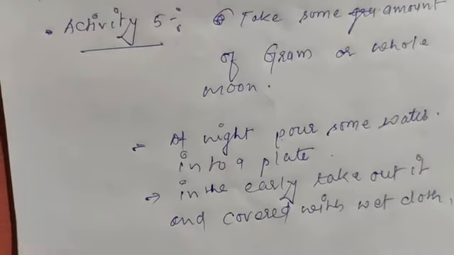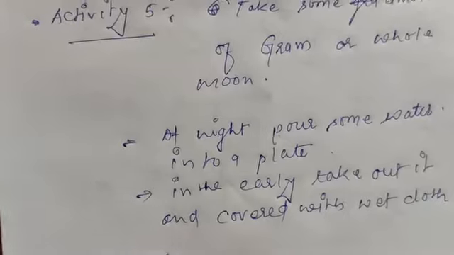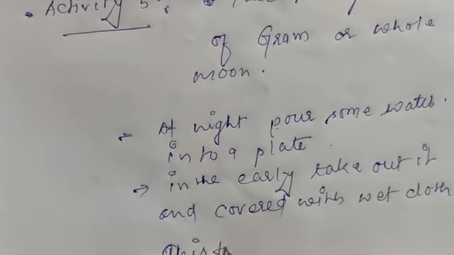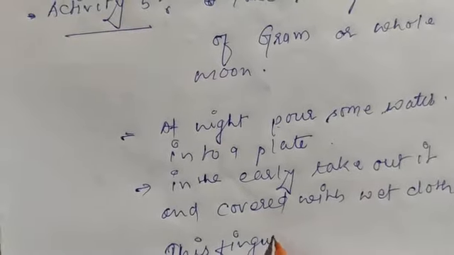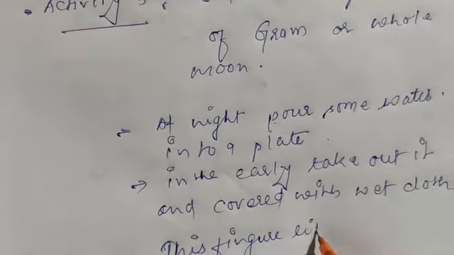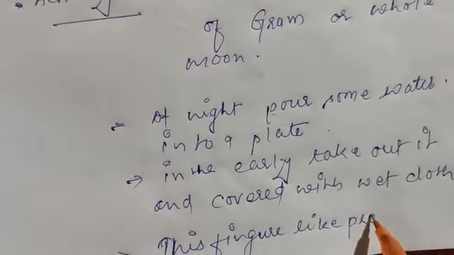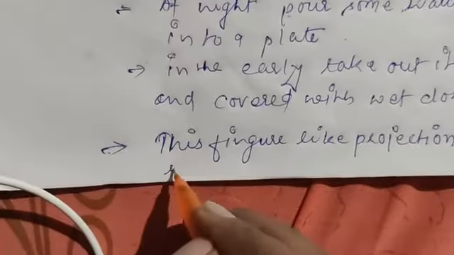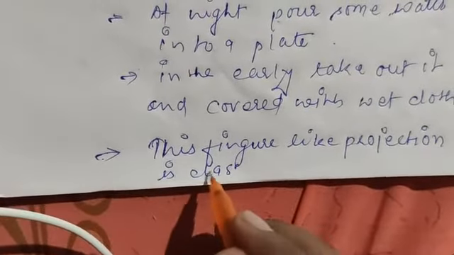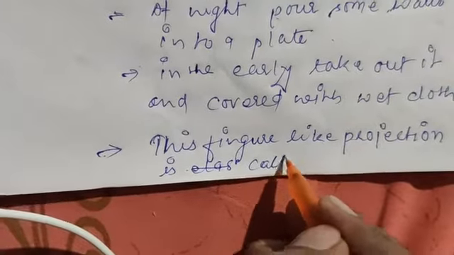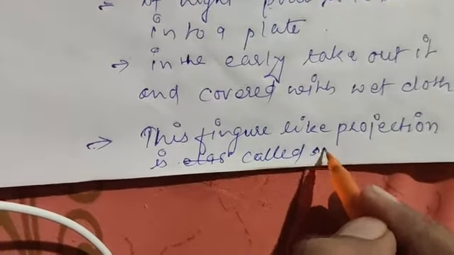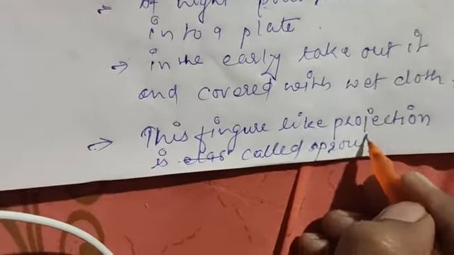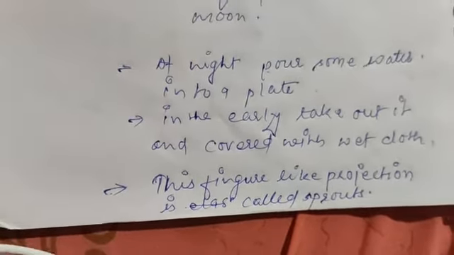These finger-like projections are called sprouts.